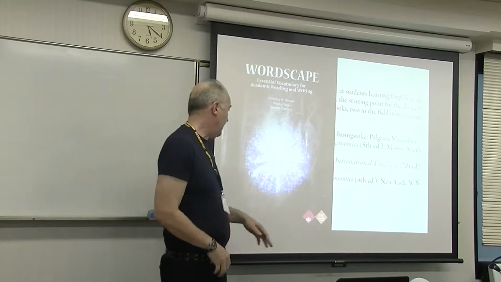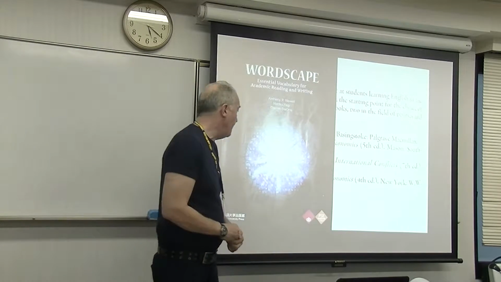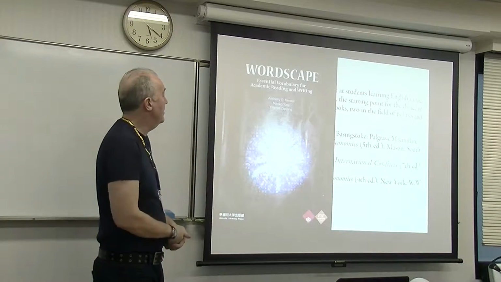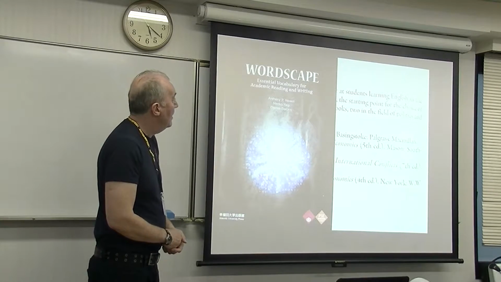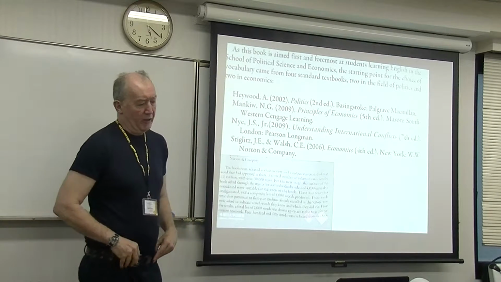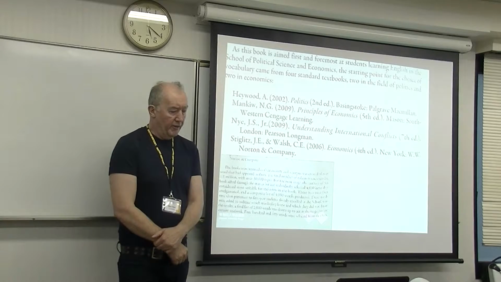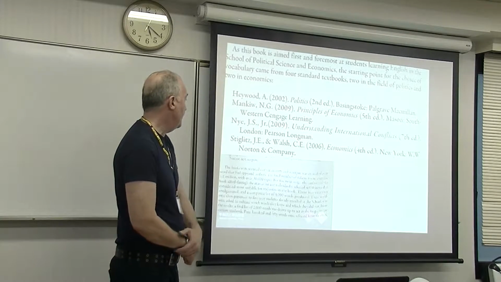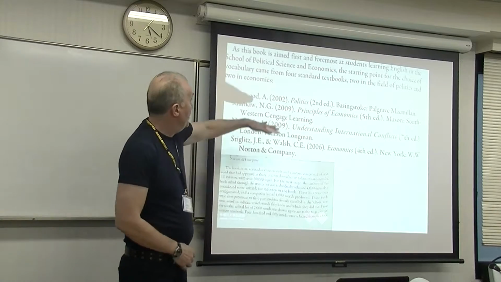This was in the Department of Political Science and Economics. And they wanted to make their own specialised word list that was specifically for economics, and so this is what it was based on.